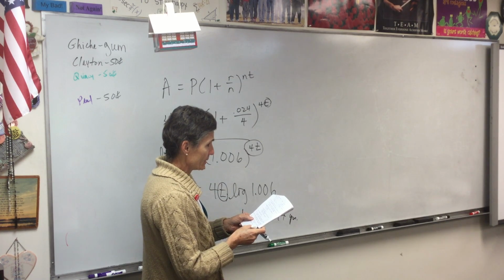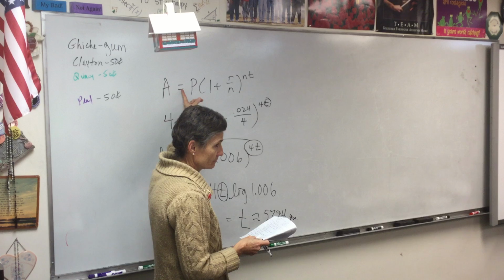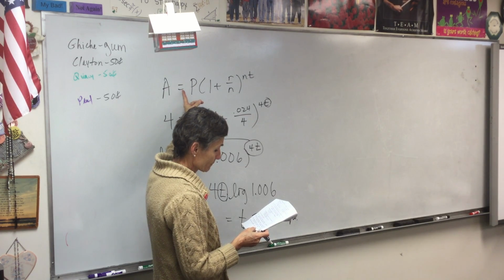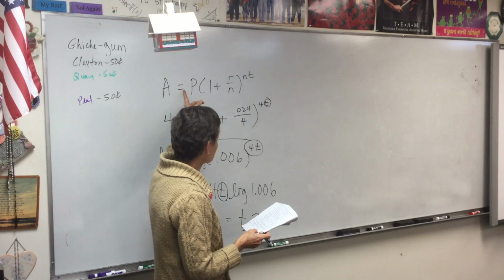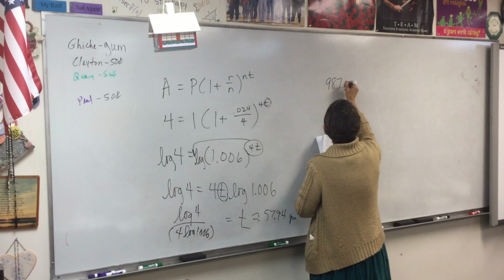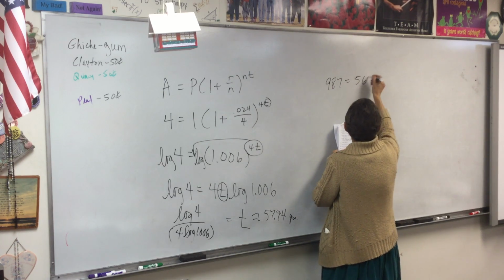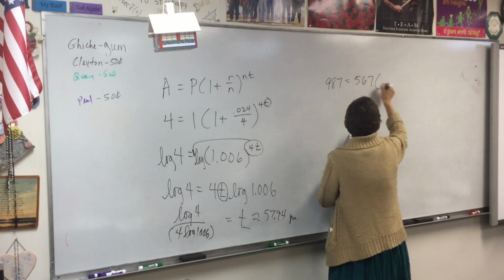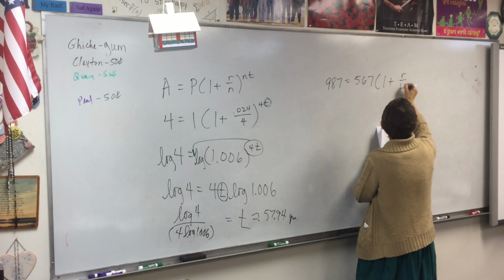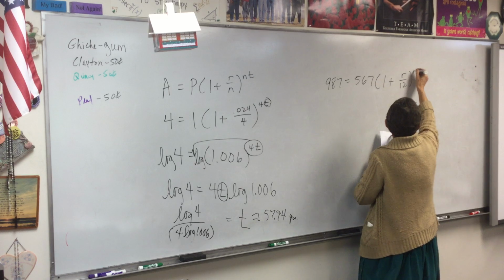Compounded monthly. I'm looking at problem 7, are you? This is the one I'm going to use. So I want to end up with 987 if I start with 567. And I don't know the interest rate, but I know it's compounded monthly for 15 years.